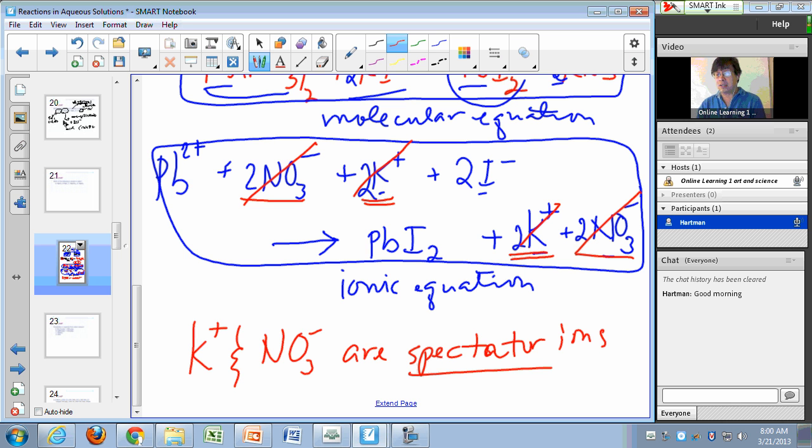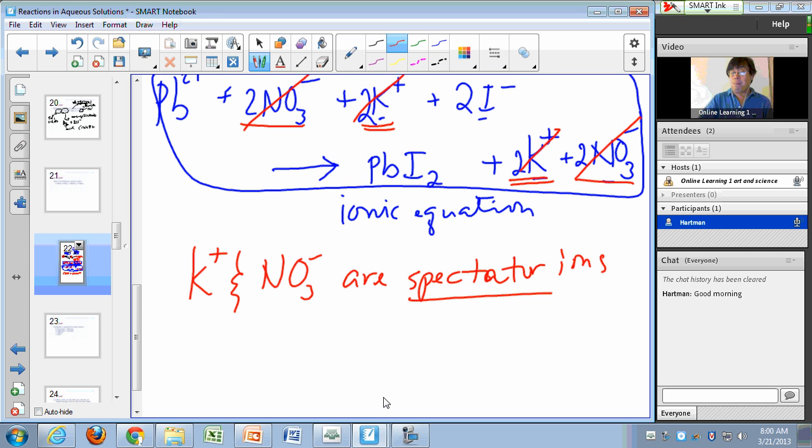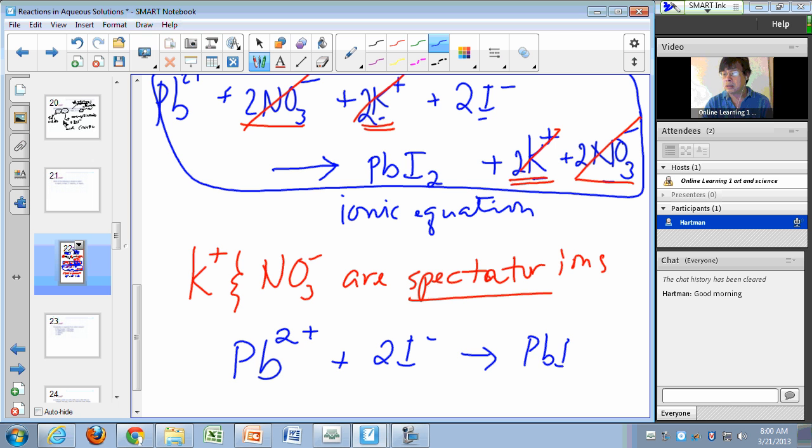Okay? So you could say that lead and iodide got married. Potassium and nitrate are just the groomsmen and bridesmaids. They're not really involved in the reaction. So if you look at this, we can simplify our ionic equation by removing all the spectator ions. You're left with what is called a net ionic equation. So if I take out my spectator ions, I'm going to have lead ions plus 2 iodide ions gives me PbI2.